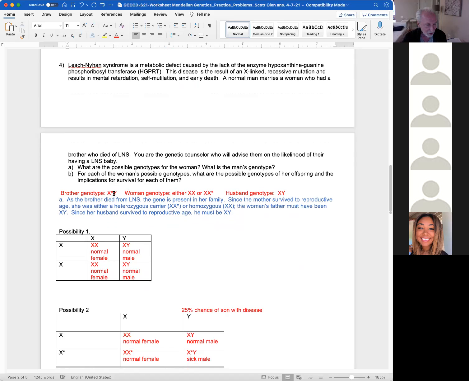So if the brother got the mutation, his sister may or may not have it because the brother is XY. And so if he gets a mutation, he's going to have the disease, and he died. But that means that with the same parents, the woman, since she gets X's only, she can either have a diseased X or not.